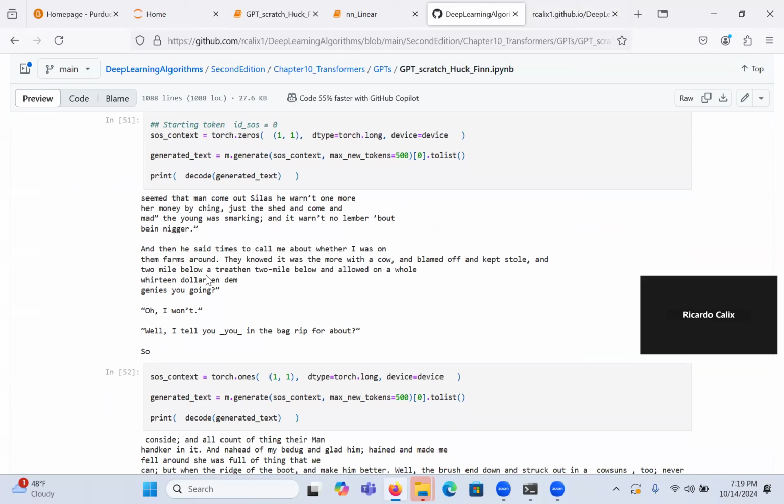I trained this. You see the iterations there from Huckleberry Finn. Not great: 'Seemed that man come out Silas. He warrant one more, or money by Ching,' and so on. Obviously, to get really good results, it takes a lot of work. That's why, unfortunately, in the state of the art, only OpenAI and Meta and companies like that can pre-train these models.